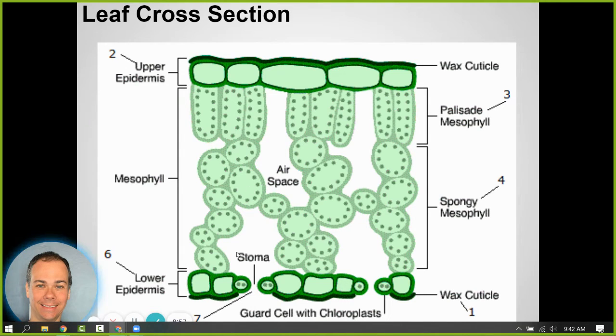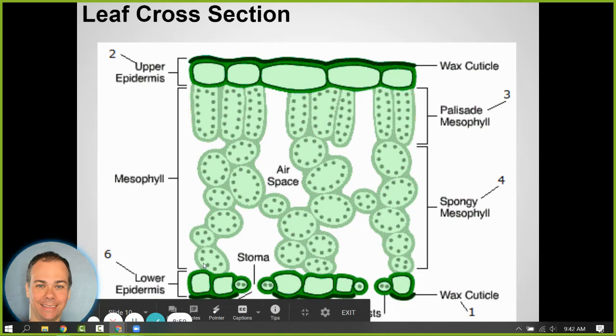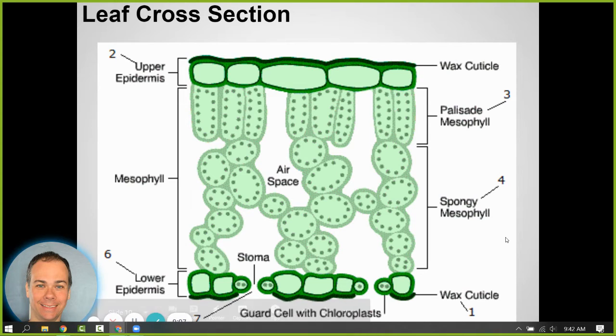If we look on the lower end of the leaf, the bottom edge, we have the lower epidermis, but then we have this other structure that's important. These little openings, they're called stoma. They're basically like almost a hole in the leaf. And that allows air to get into the inner surface of the leaf. Because what do the chloroplasts need from the air for photosynthesis?